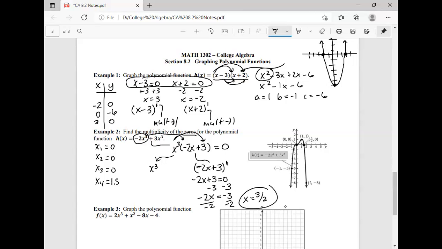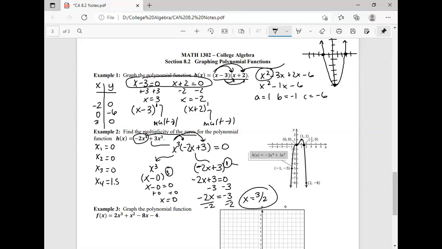This one, I could change and say x minus 0 to the 3rd power. So I would set this equal to 0, add 0. So x is equal to 0, which is this point right here. The multiplicity part comes from what the exponent is.